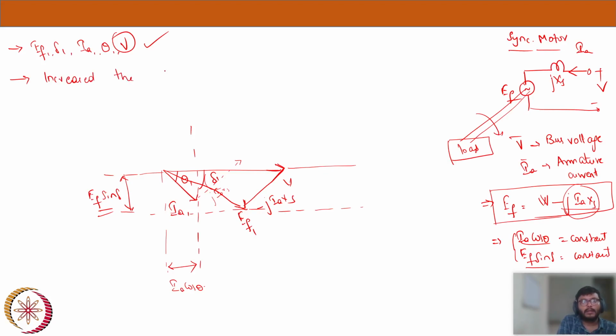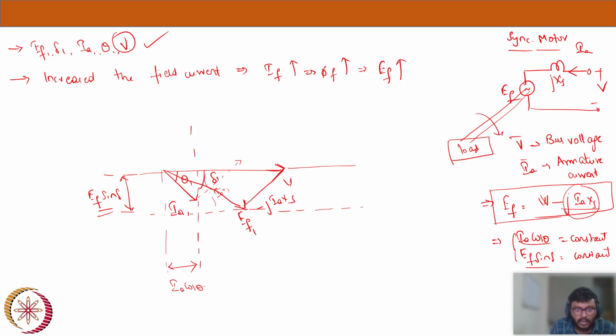Now let's say I have increased the field current. This means that IF increased, phi F increased, EF will increase, while that remains the same. Now where should my EF2 come?